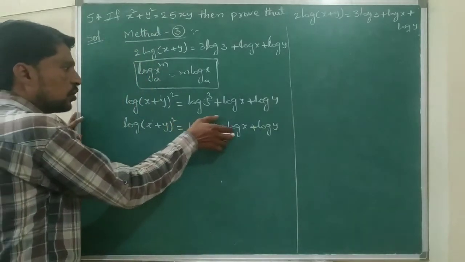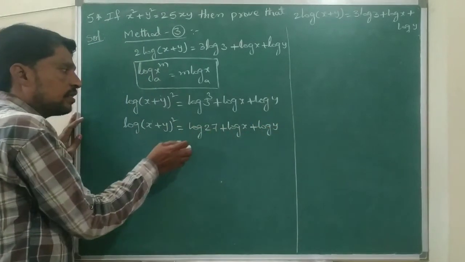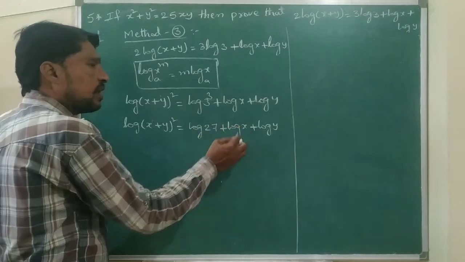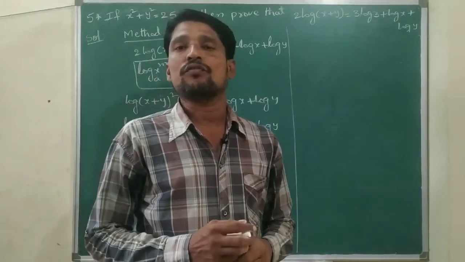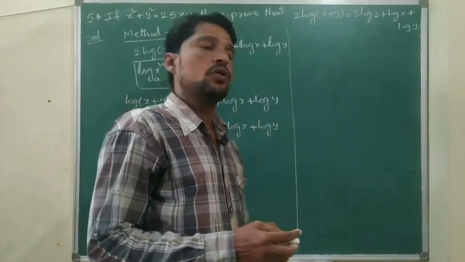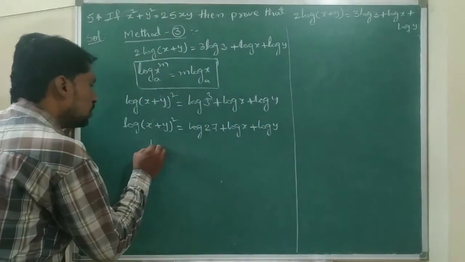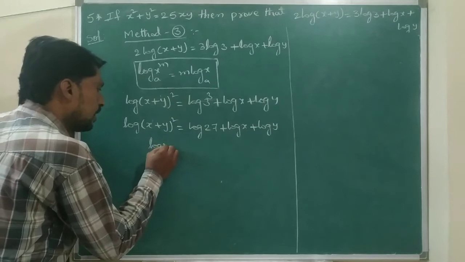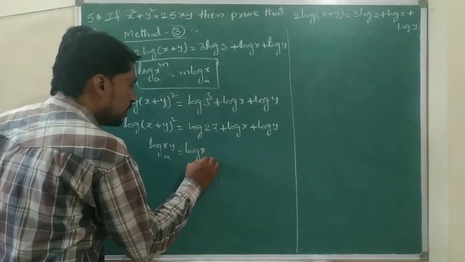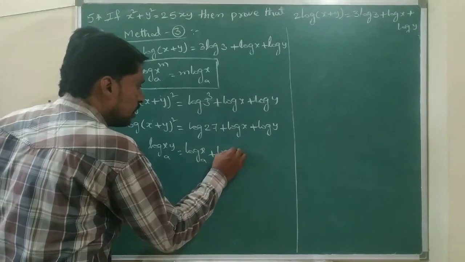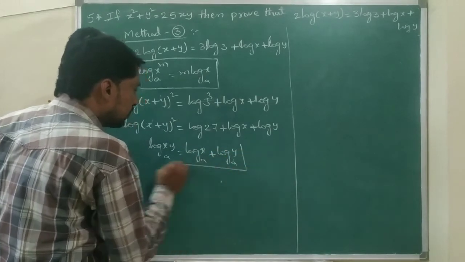You just have to observe that this is of the model log x plus log y plus log z, so we can apply the product rule. What is the product rule? Log xy to the base a equals log x to the base a plus log y to the base a.